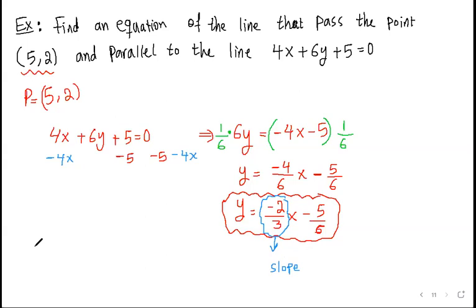So the slope for the equation that I am looking for is -2/3, because this line is parallel to the equation I am looking for.